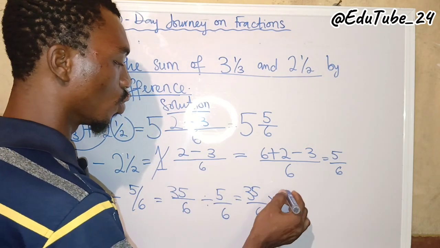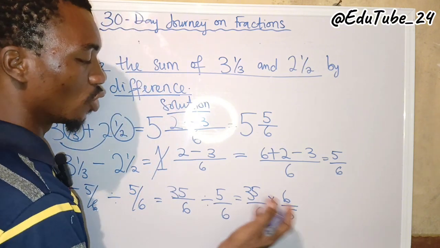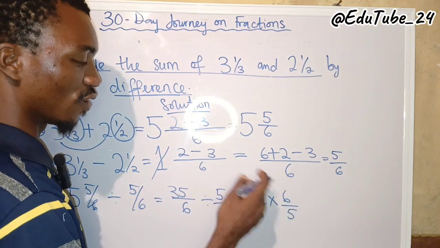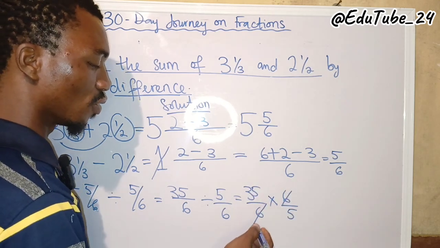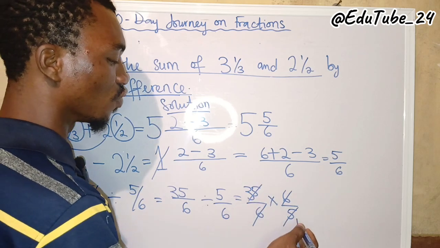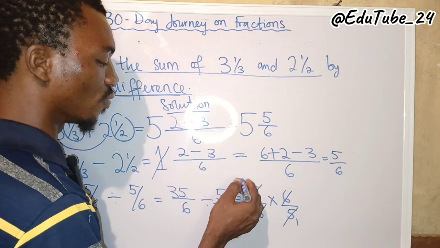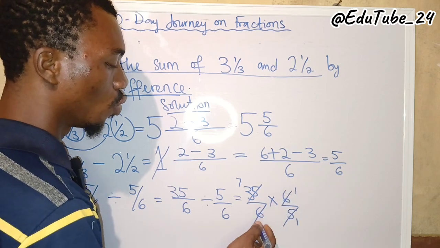Inverting means 6 will come to the top, and then 5 will come below. Now how do we then divide? We divide across, like I explained earlier. So this 6 can cross out this 6, and this 5 can cross out this 35. So 5 and 5 gives us 1, 5 and 35 gives us 7, and certainly 6 divides 6 also 1.